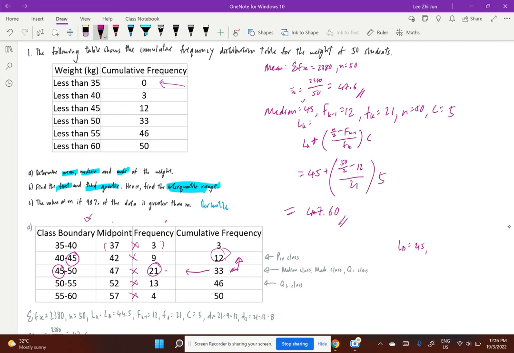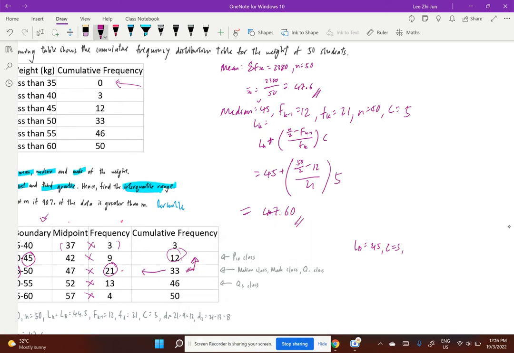What I need is the D1, D2. D1, I see 21 minus the previous class, equals 12. D2, 21 minus 13, equals 8.